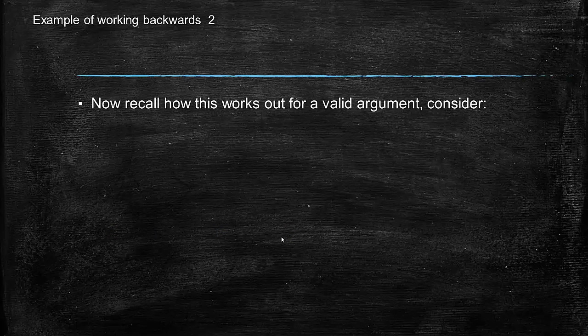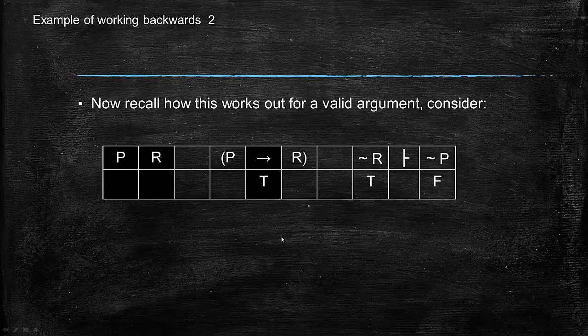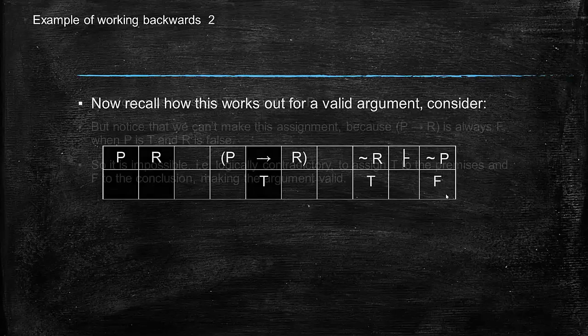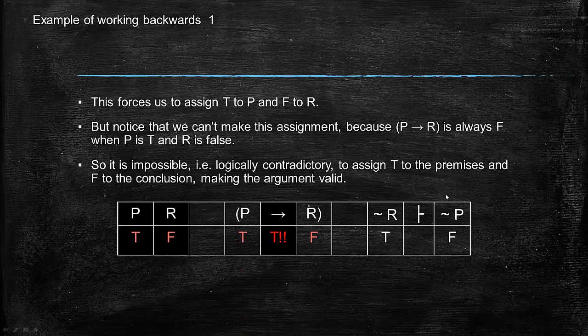Now, also remember how this works for a valid argument. So if you look at something like if P then R, not R, therefore not P, which is a valid argument, you already probably recognize it as such. Again, you just assign true to the premises and false to the conclusion, backfill again, and then we get something very different, right?